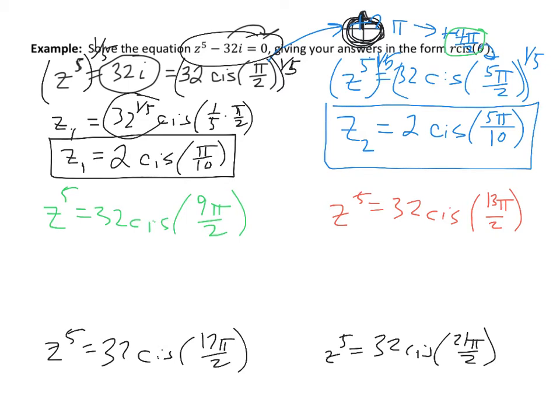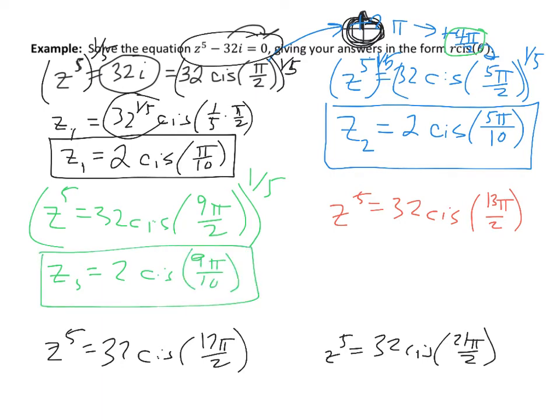Moving on to the green one now, doing the fifth root of all of this will get me z3 is 2 cis 9 pi over 10. Moving on to the red one, doing the fifth root of this will get me z4, the fourth one, is 2 cis 13 pi over 10.